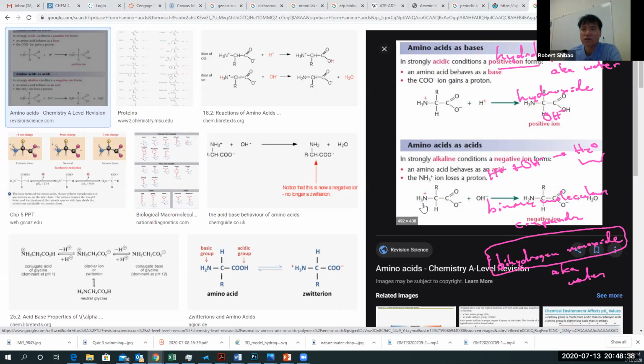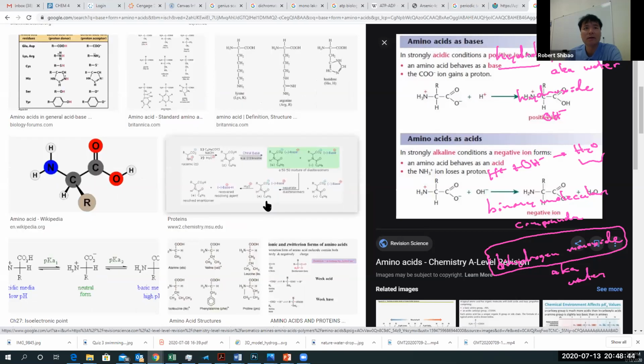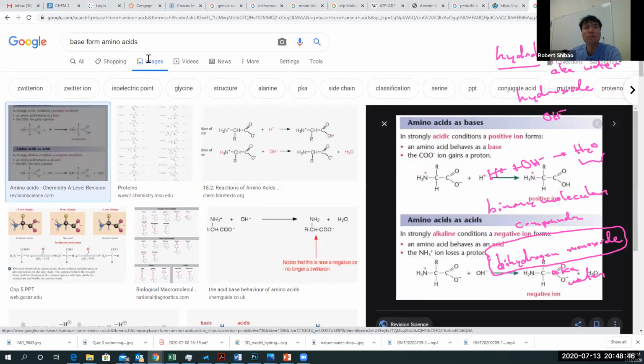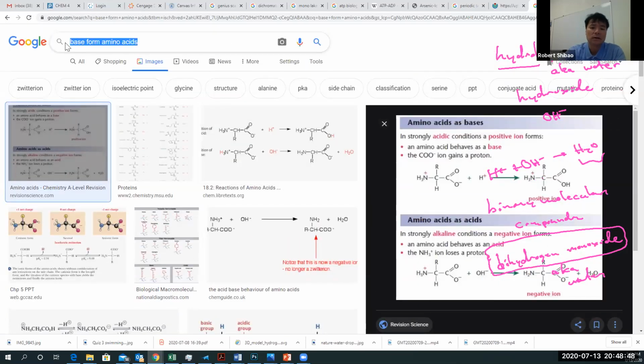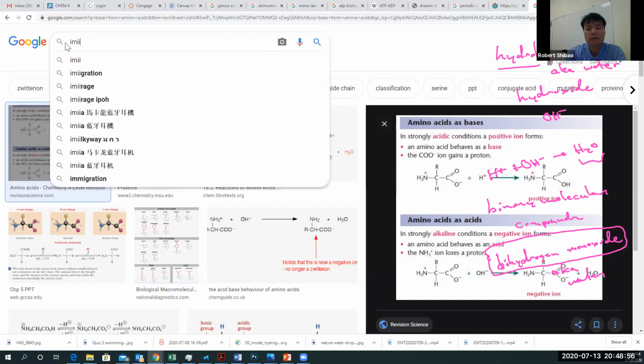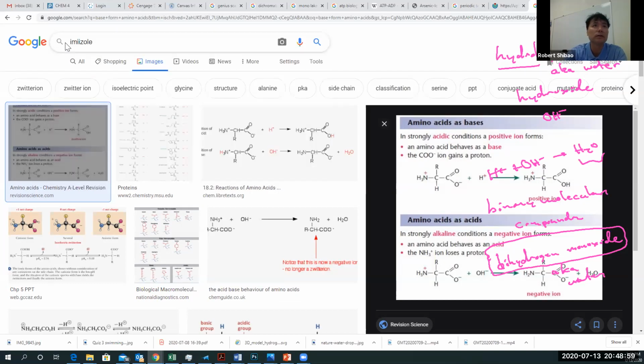A lot of molecules are like that. When we look at it structurally, we can see an acid site and a base site in the same molecule. In fact, I just did one in Chem 1B, called imidazole. Imidazole's pretty interesting.